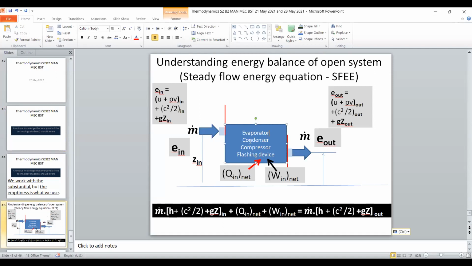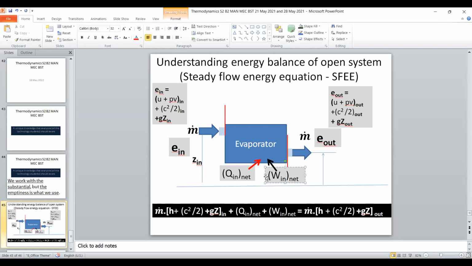And let's say this is evaporator. Evaporator: flow in, flow out, steady flow.